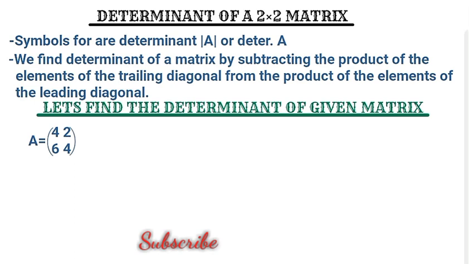Okay, on top I realized that I wrote det incorrectly, so I'm correcting that. Coming to our first example, first of all, I'm going to identify the elements that form the leading diagonal, as well as the elements that form the trailing diagonal.